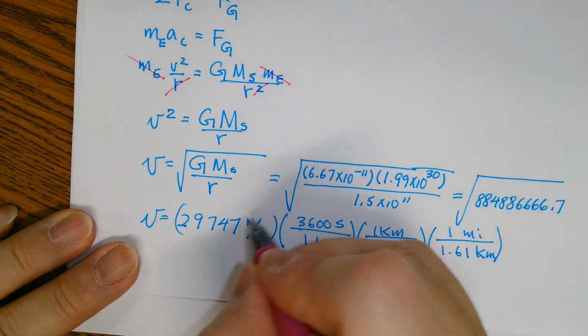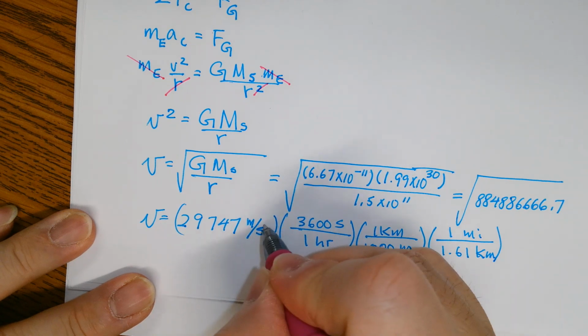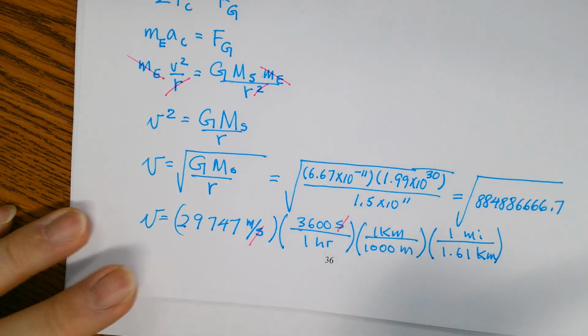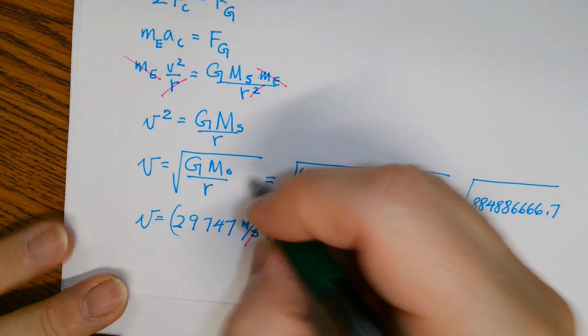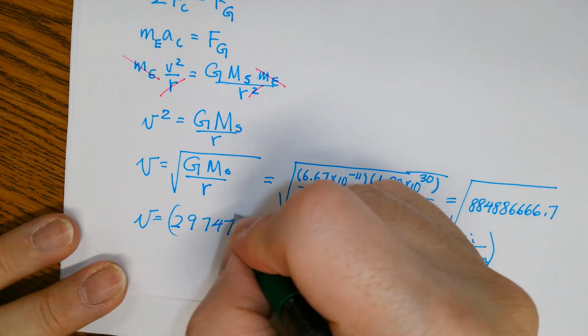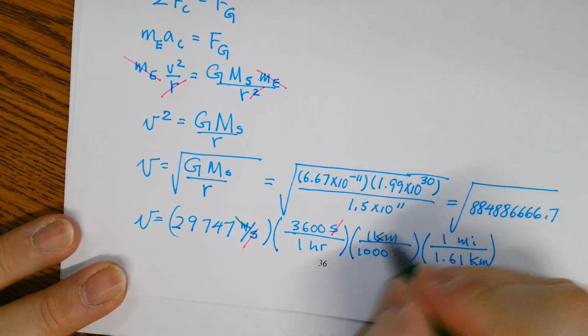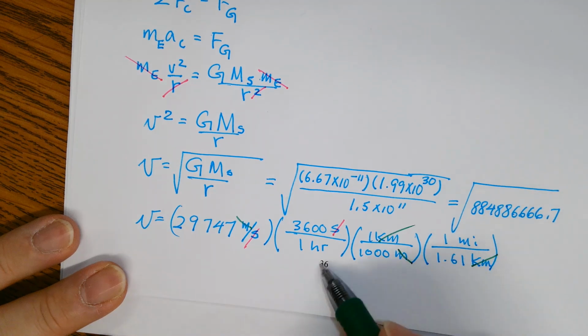So notice how the seconds will cancel out, and then the meters will cancel out, and then kilometers will cancel out, giving me miles per hour.